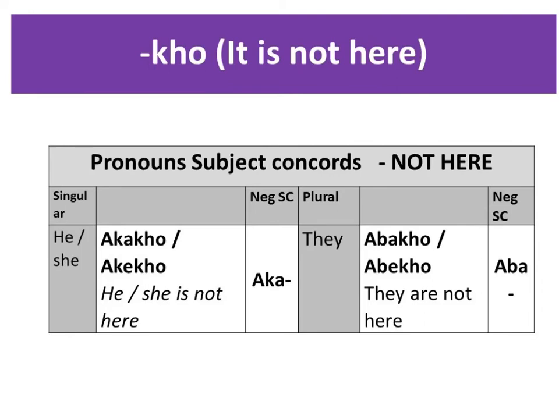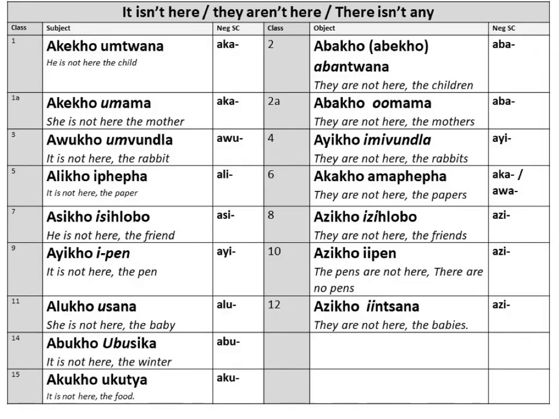And the plural of that is abakho, or often also used abekho, which means they are not here. And this shows you what it looks like for all the different noun classes. Don't try to remember these, but become familiar with them, so that if you hear somebody saying asikho, you know they're saying something is not here.